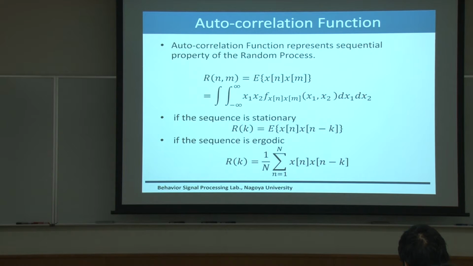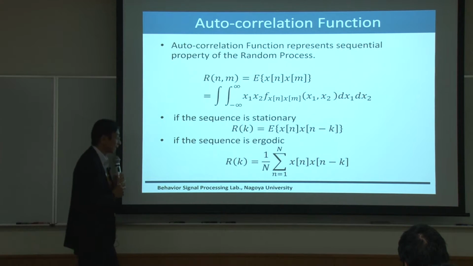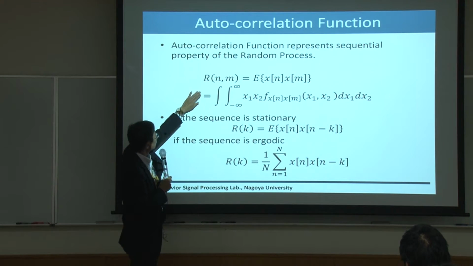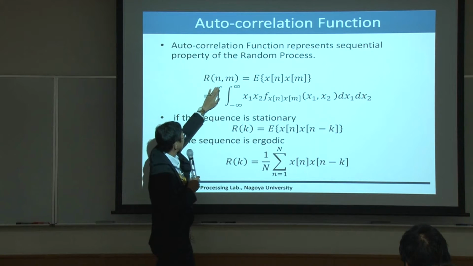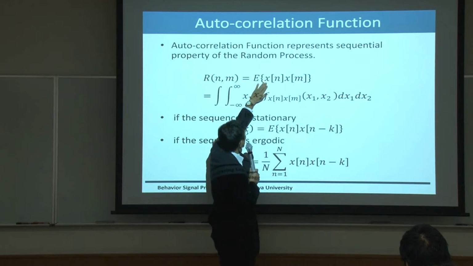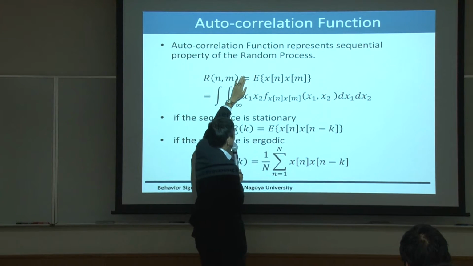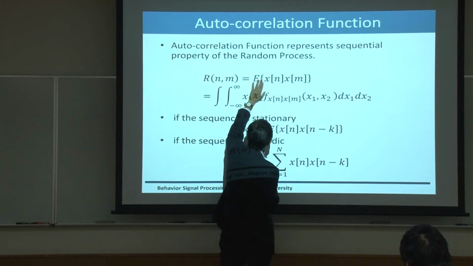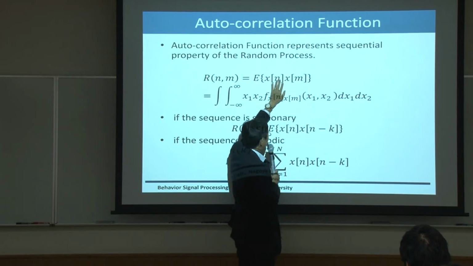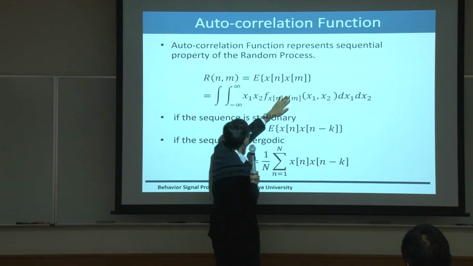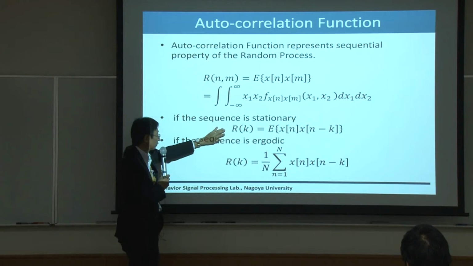Well, anyway, what is the autocorrelation? This is a fundamental idea of signal processing in the time domain. By definition, it is given like here. That is the expectation of the product of x at time n and x at time m.